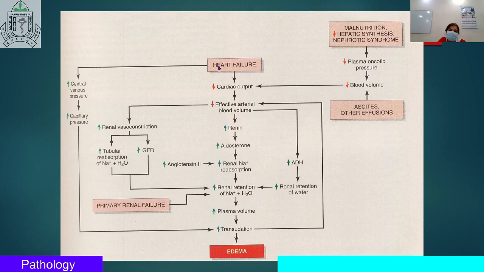In case of heart failure, there is directly increased central venous pressure and capillary pressure. We know that increased capillary pressure is one of the causes of transudation and ultimately edema.